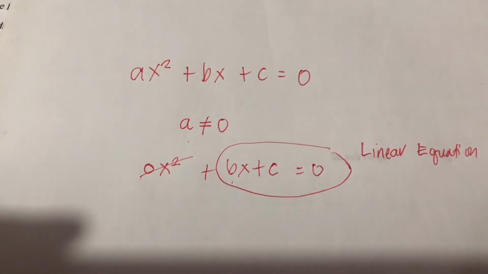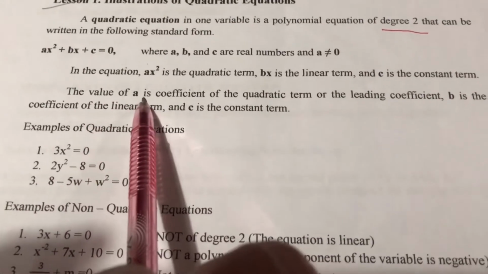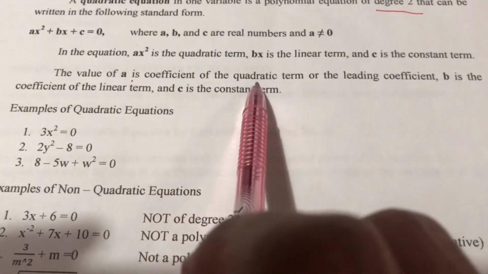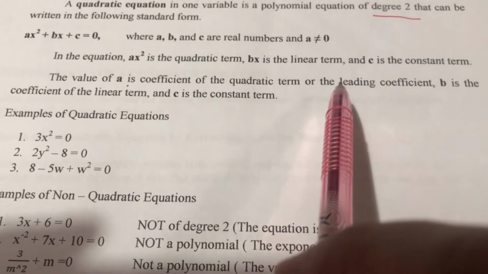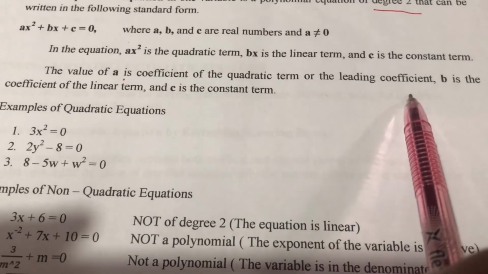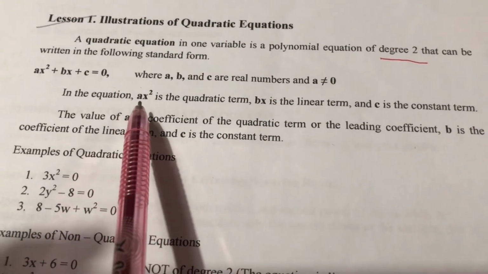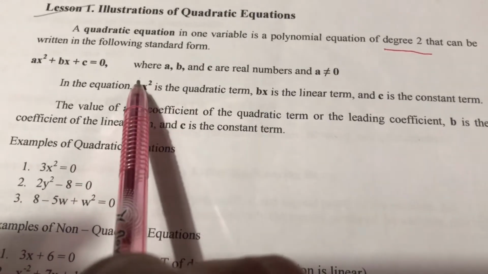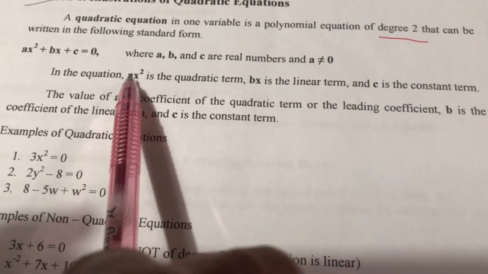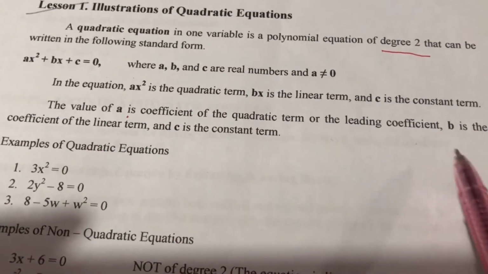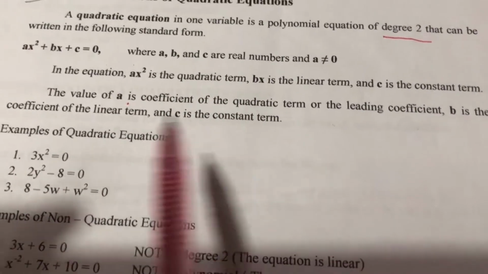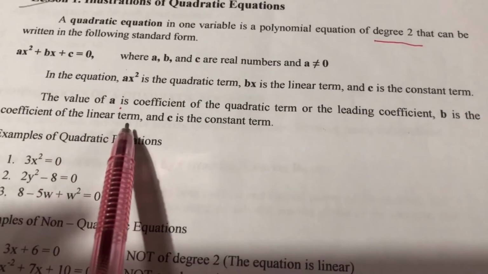Okay? The value of a is the coefficient of the quadratic term or the leading coefficient. So, ibig sabihin nun, yung value ng a natin ay laging katabi yung ating leading coefficient, x squared. And b is the coefficient of the linear term.